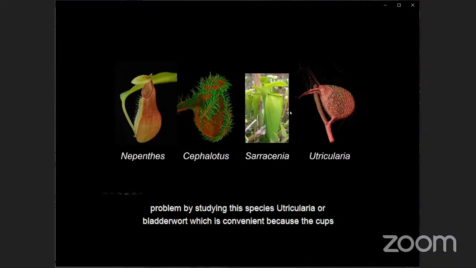We've been investigating that problem by studying this species, Utricularia, or bladderwort, which is convenient because the cups are much smaller than the other species. They're only a few millimeters long, and they can be imaged quite readily under the microscope, allowing us to see exactly how this cup-shaped form arises.